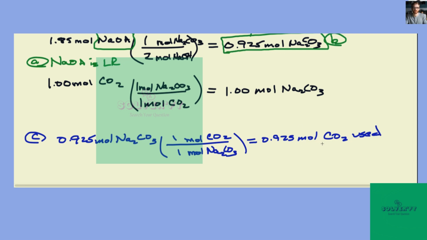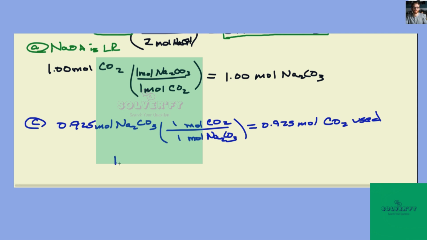How much is left over is the difference between what we had. We had 1 mole of CO2 minus the amount that we used. And so if we subtract, 0.075 moles is in excess.